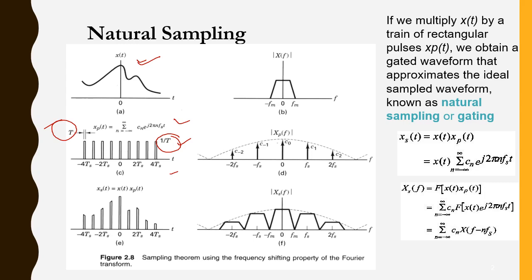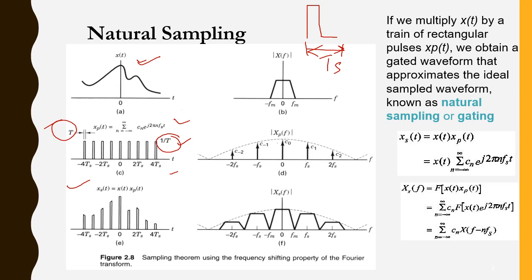Now we are considering the sampling frequency fs, and its reciprocal is the time period between the samples, ts. So for every pulse that starts and ends, the period of the pulse train is ts, the time period between the samples. The resulting sampled output, we call xs of t, which is the product of x of t and xp of t.